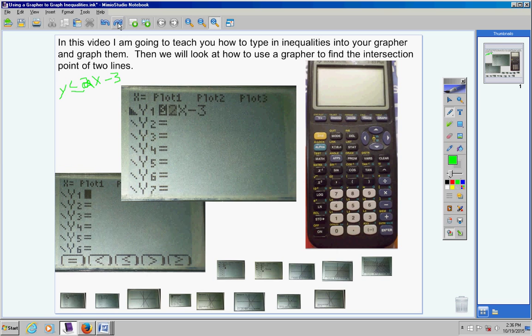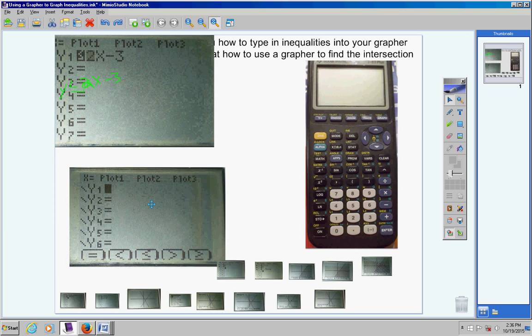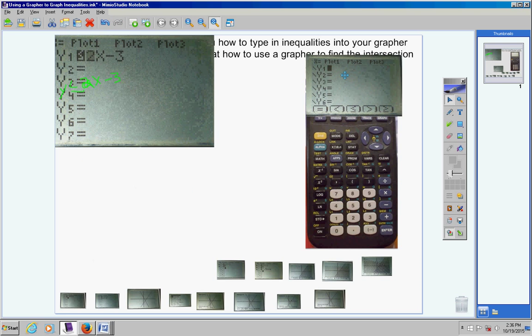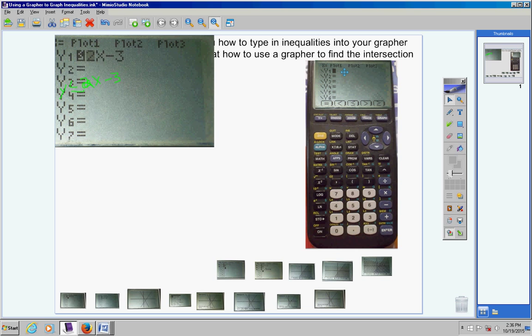Now, next, here's what you do. I'm going to show you with the screen here. If you look carefully, these arrows somewhat, not entirely, but somewhat line up with these buttons right here. Like the equal sign is a little bit above the Y. This is above window.